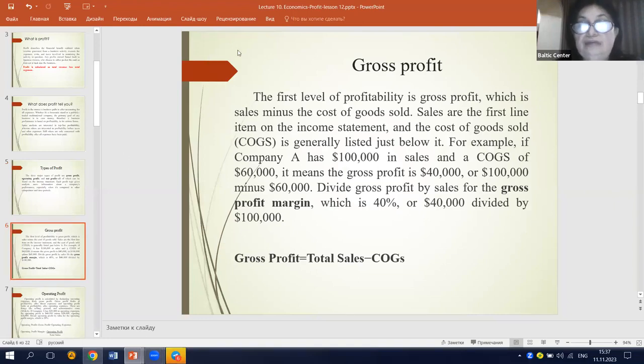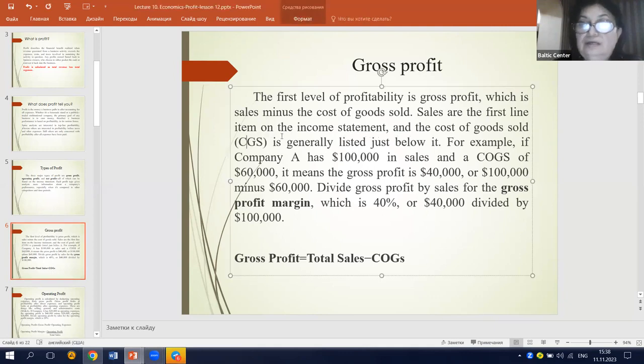Here the first level of profitability is gross profit, which is sales minus the cost of goods sold. Sales are the first line item on the income statement. The cost of goods sold, I gave you the abbreviation, is generally listed just below it.